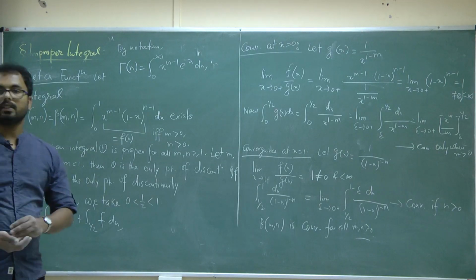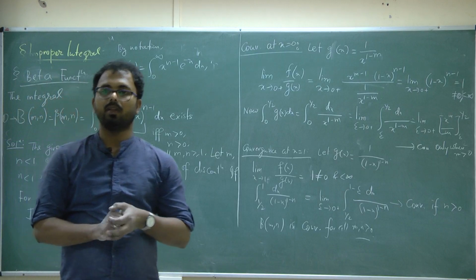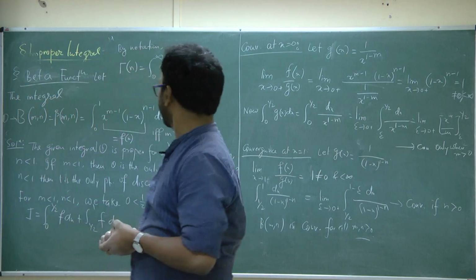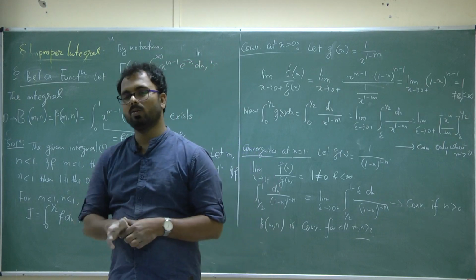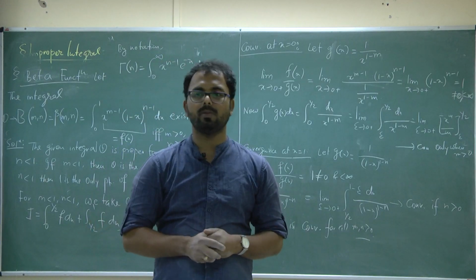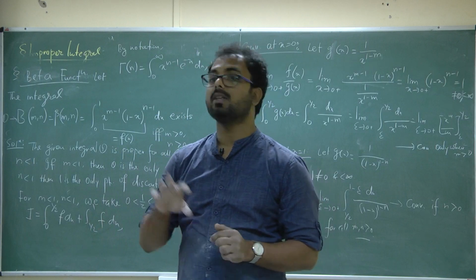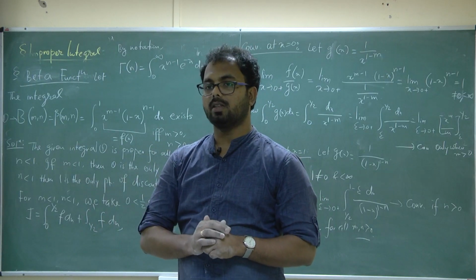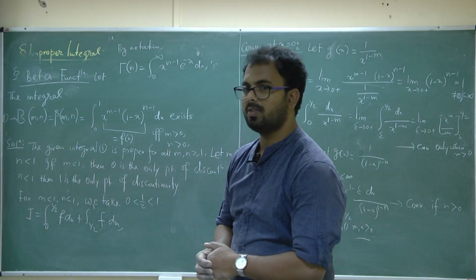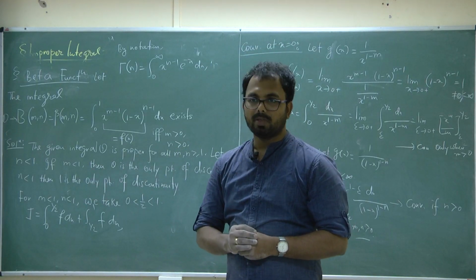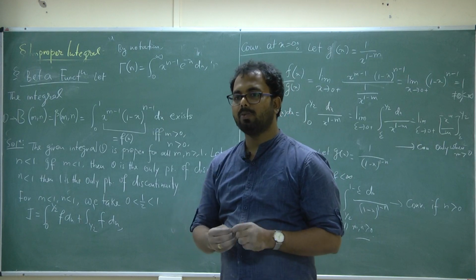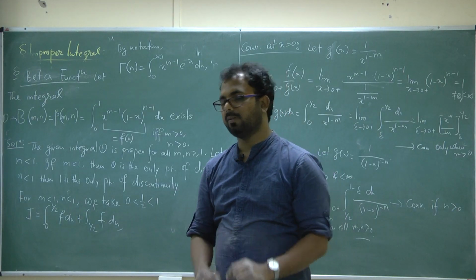So, in the category of improper integrals, the beta function and gamma function are two such improper integrals whose convergence is a little more important compared to other integrals. Beta and gamma functions also pop up quite often in applied mathematics, and therefore they play an important role in improper integrals.